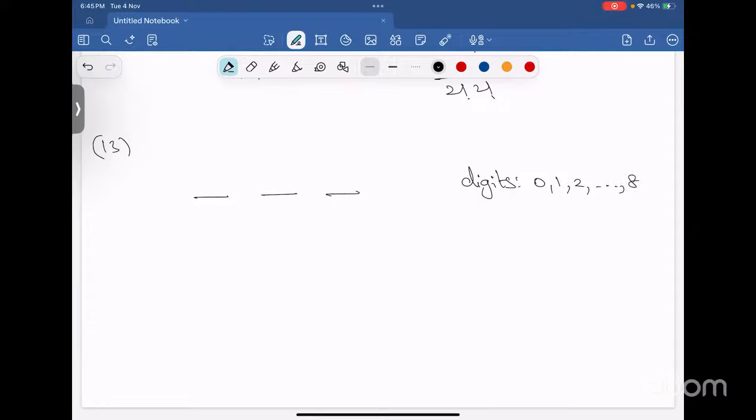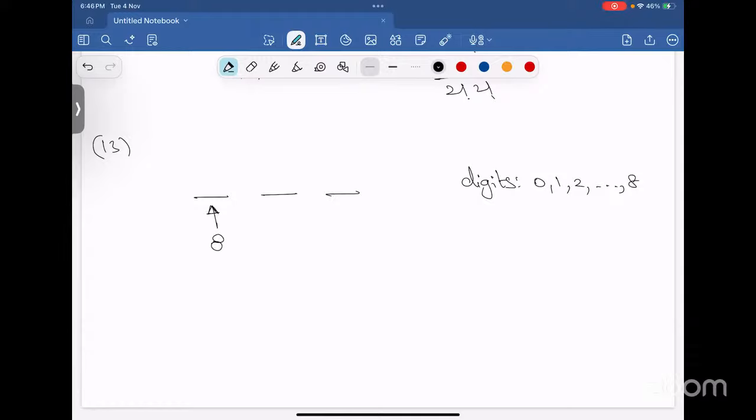For the first place, the hundreds place, how many ways can I choose? There are 9 digits in total, but 0 you cannot put in the hundreds place. So it will be 8 digits, 1, 2, 3, 4 till 8. I can use 8 digits.